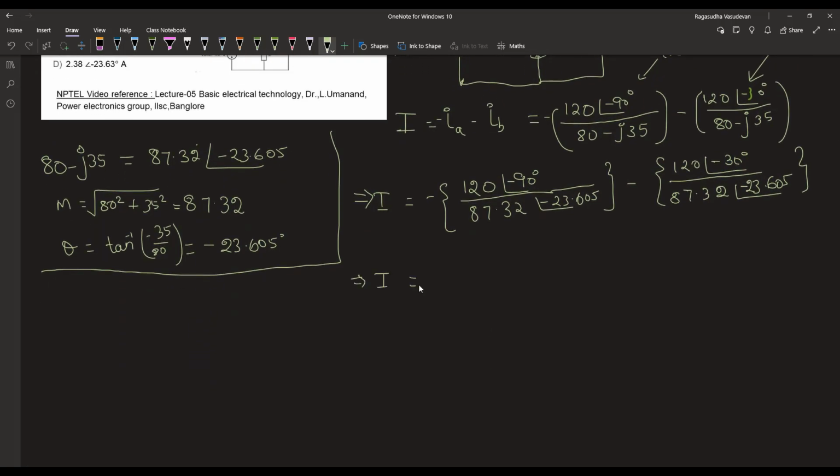While dividing, we divide the magnitudes and add the angles algebraically.